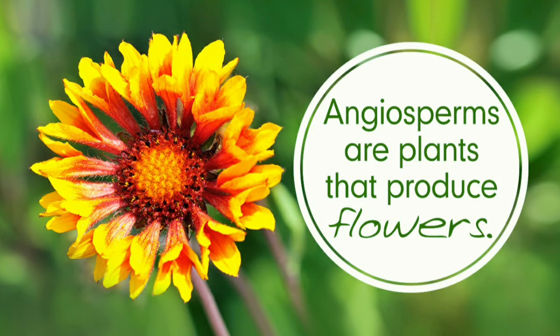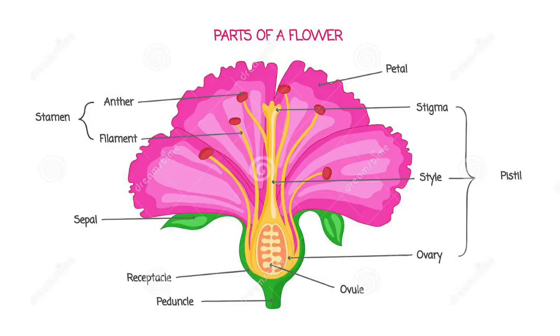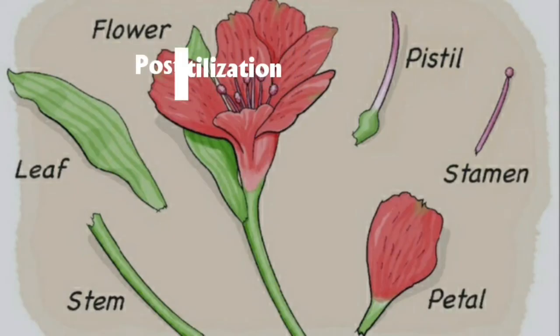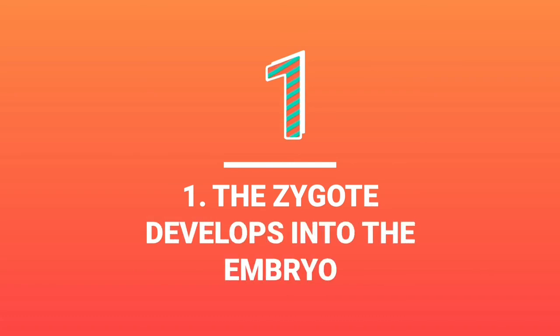In angiosperms, the zygote is formed inside the ovule. After fertilization, the sepals, petals, and stamens of the flower fall off. The pistil, however, remains attached to the plant. In plants, these post-fertilization changes occur. 1. Zygote develops into embryo. 2.